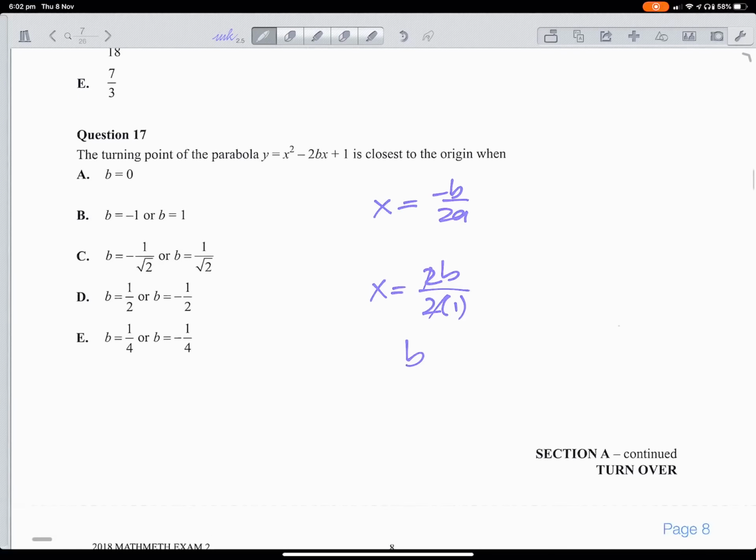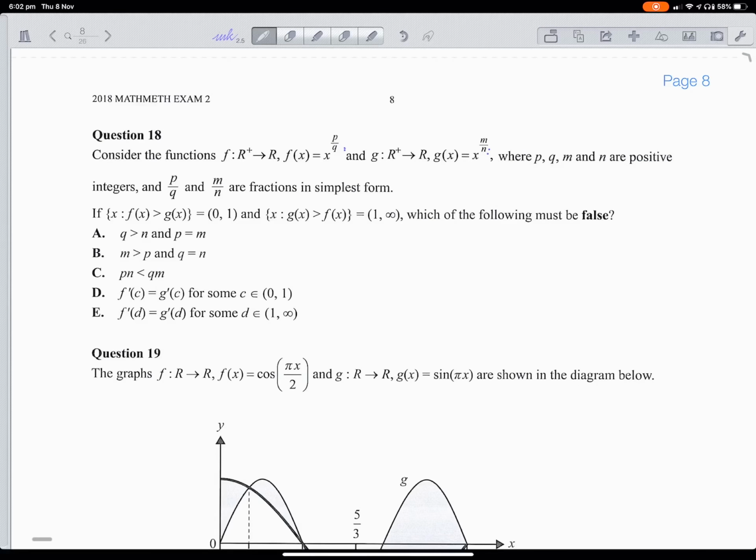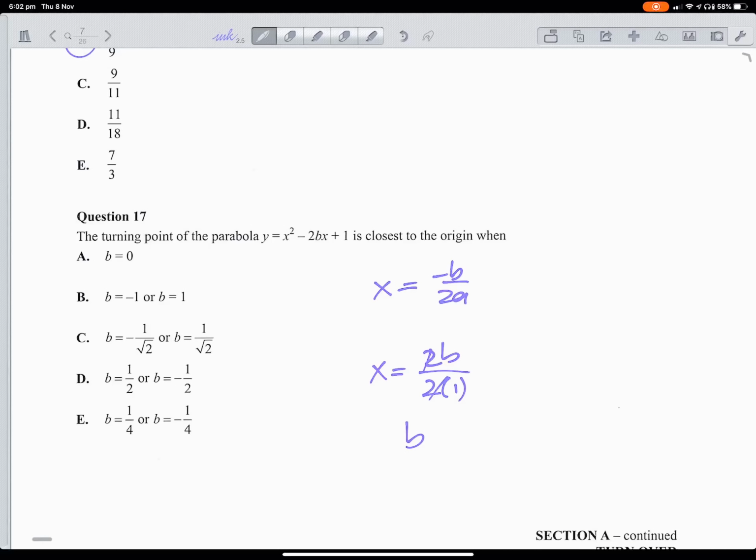Let's come back to that one. Okay, so my b coordinate is my x value, and then if I sub that value in, I should get my y coordinate.